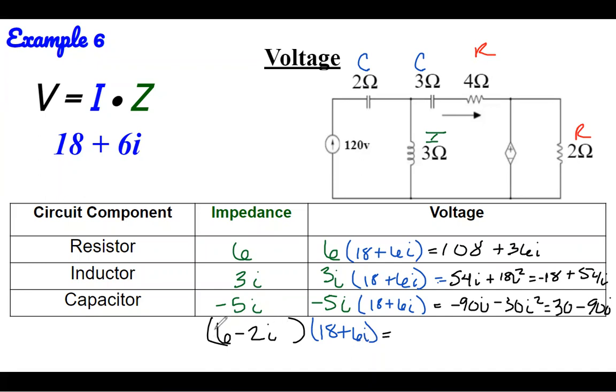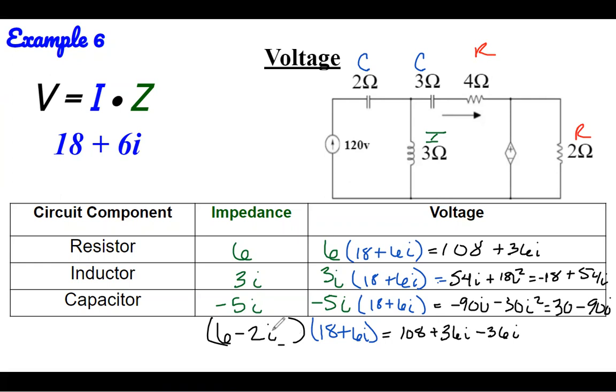So what do we get? What is 6 times 18? 108. And then 6 times 6i, we have 36i. The next one, negative 2i times 18, negative 36i.